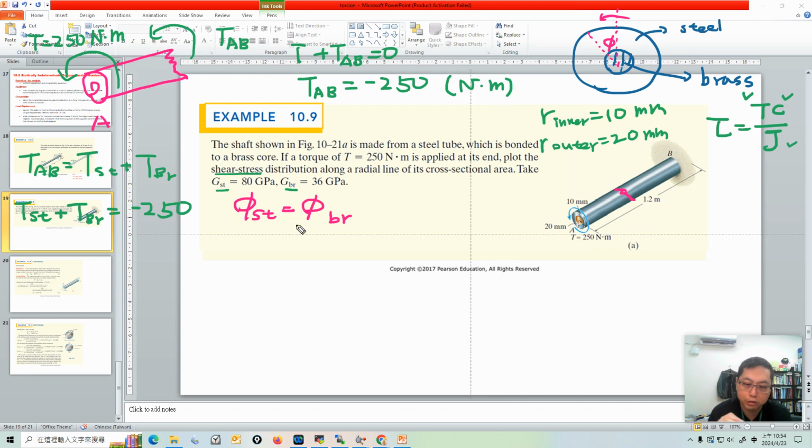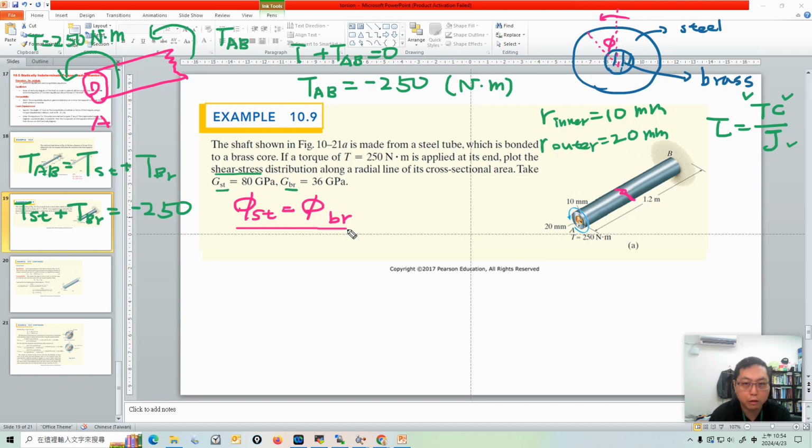Think about it by yourself, because sometimes it's hard to imagine. So this is the other equation we have, the so-called compatibility equation in this problem.